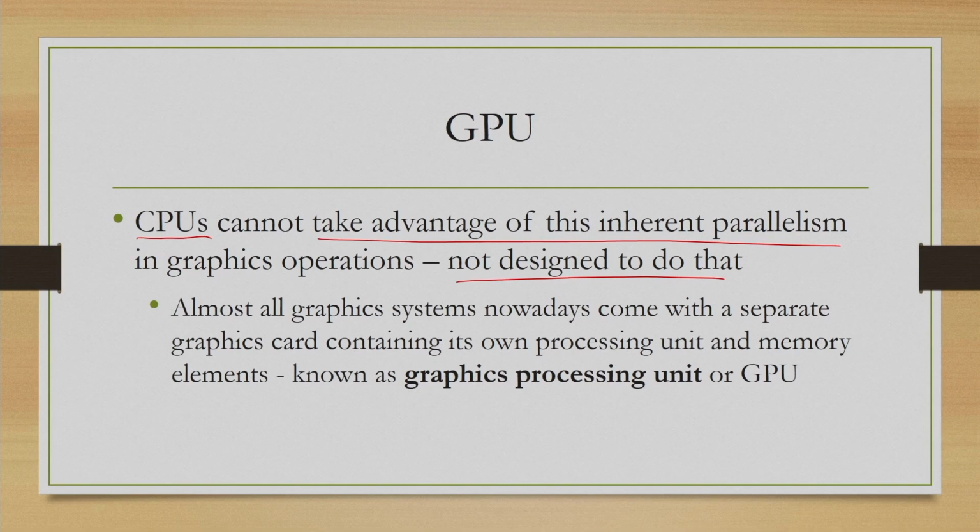In order to address this issue, where we want to take advantage of this inherent parallelism, there is special purpose hardware that comes with our systems. Almost all the graphics systems come with a separate graphics card containing its own processing unit and memory elements.